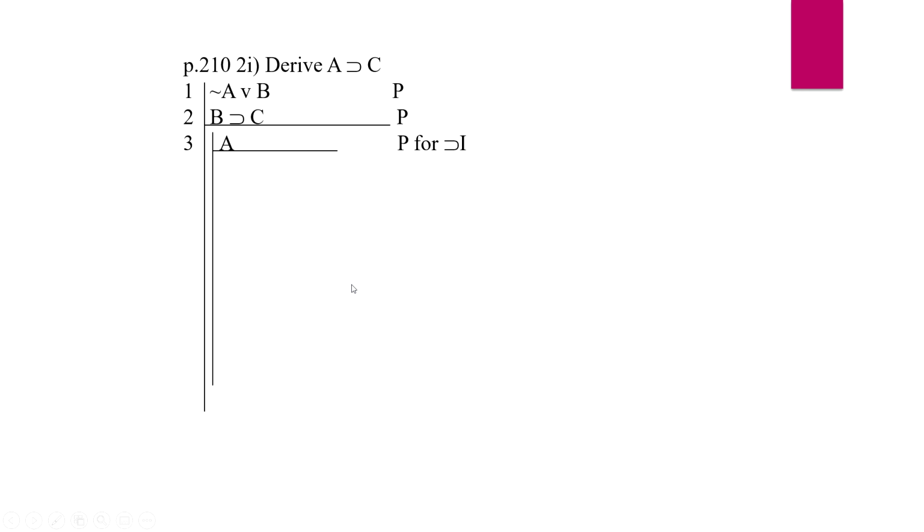We're going to assume A as a premise for conditional introduction. And now we need to try to get C in here. Now we have no clear immediate way to get to C, right? We don't have B yet, but we do have it's not the case that A or B on line 1.